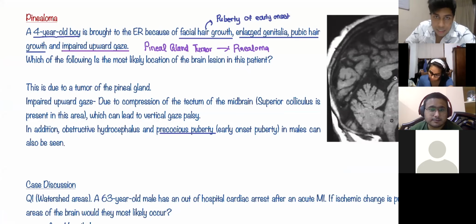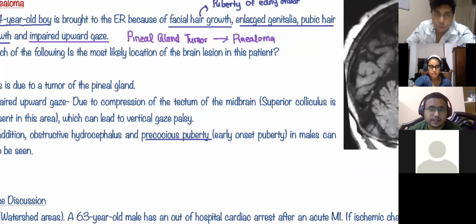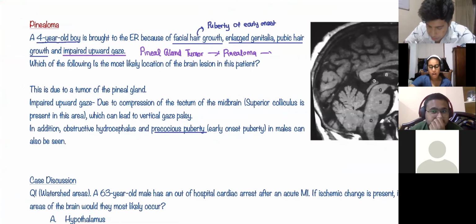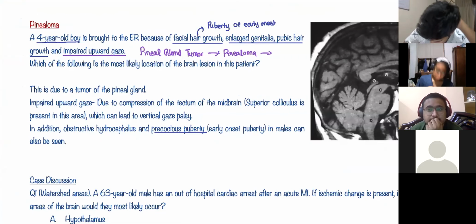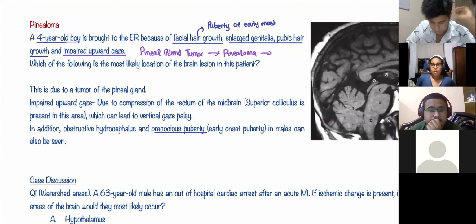Okay, the name is there. It is a glandular tumor. Adenoma. What is the substance produced by the pineal gland? Melatonin. Yes.